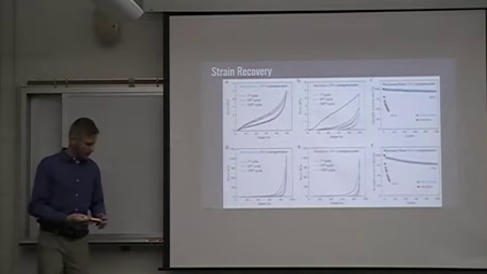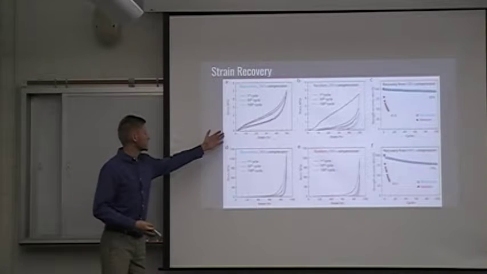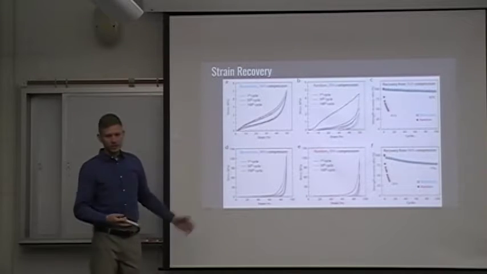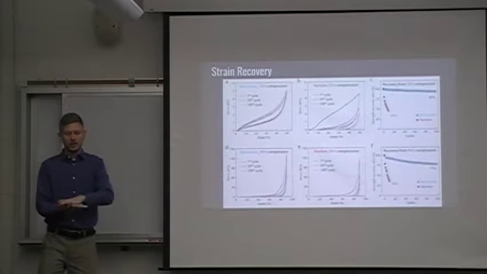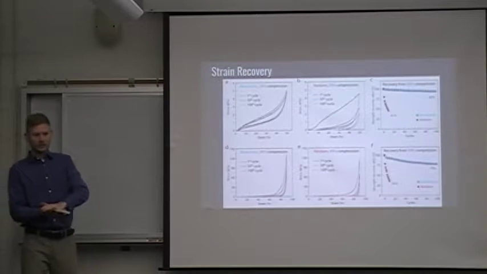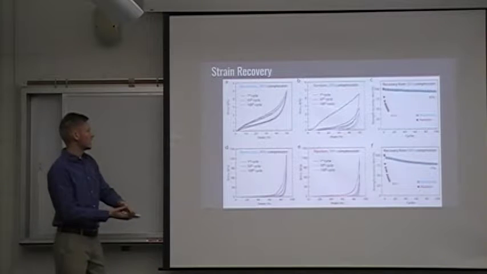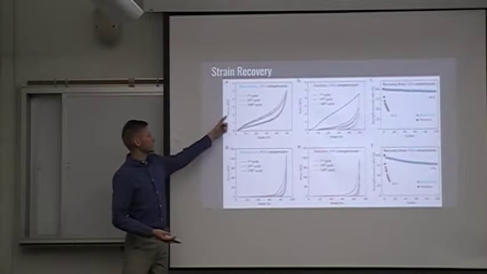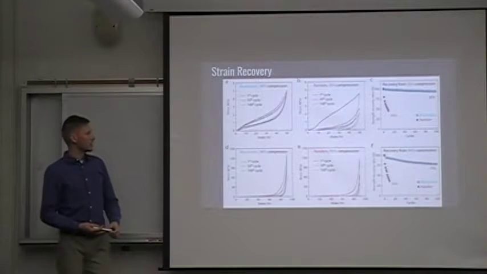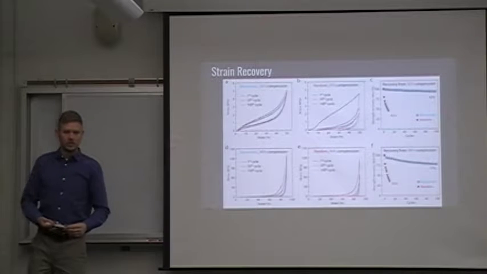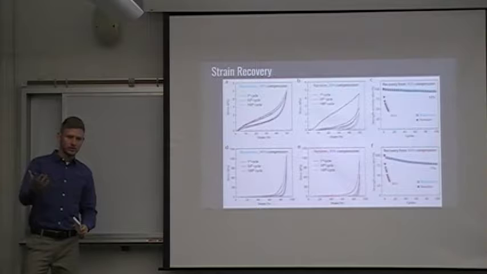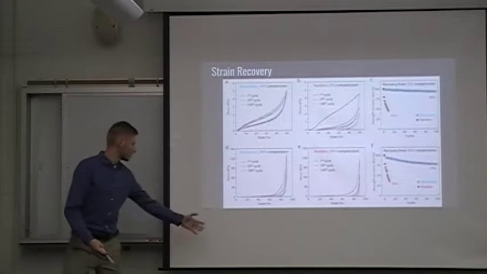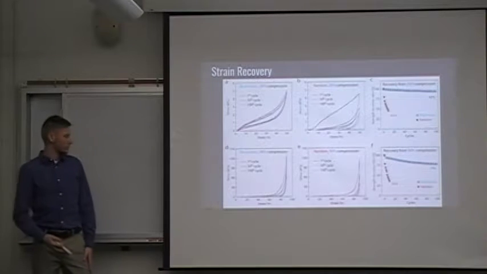So strain recovery, the first one here is under 50% strain. Each time they have a hydraulic press, and it squishes the graphene to 50% strain. And up the side axis here is the kilopascals, how much force the machine is using to squeeze the graphene. And on the bottom here, that is 90% strain.